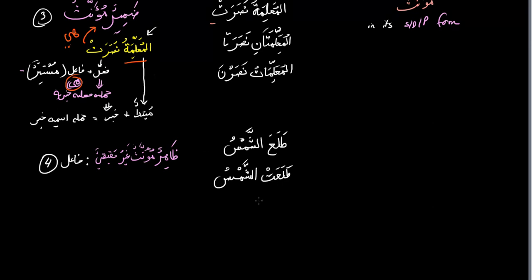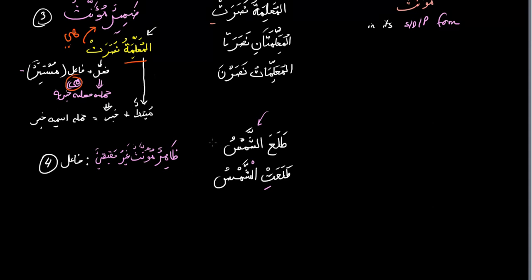Okay. And the kasra here is to make it go around properly. So if it's zahir mu'annas, you can see it. It's a mu'annas, but it's not haqiqi, right? There's no, shams is a word that you kind of have to know it's a feminine, right? There's nothing in the word that tells it, like ta marbuta and alif maqsura, alif mamduda, right?